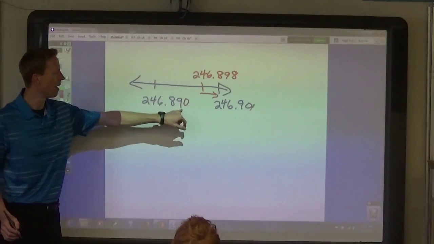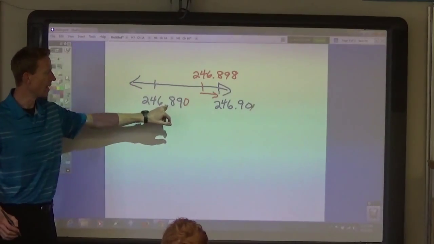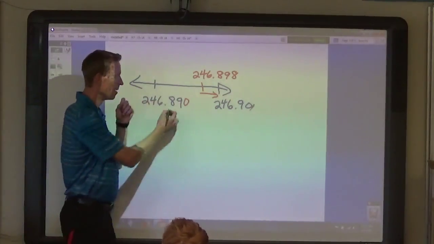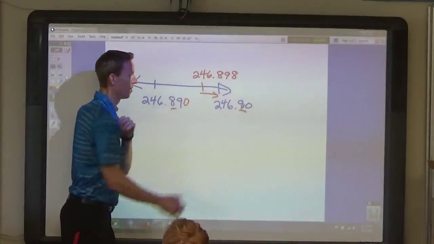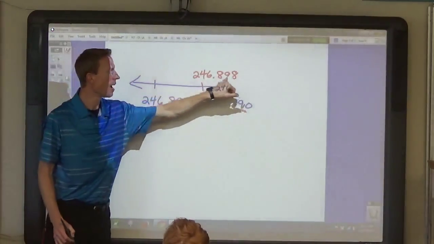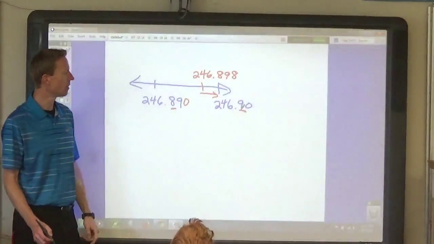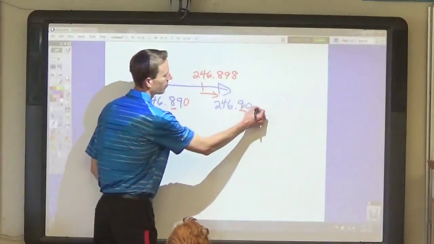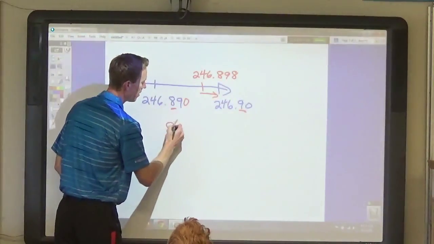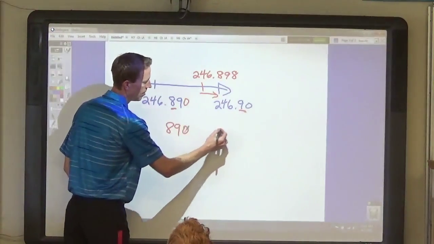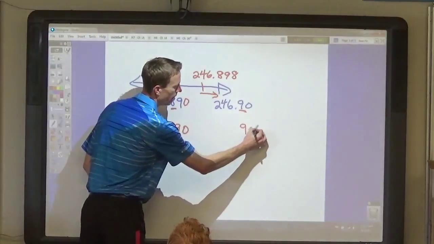And this is 89. And then the next number would be 9. This one would go up to 9. And then this one is not quite to 9, but it's a little bit closer to 9. Look at it this way. 890 and 900.